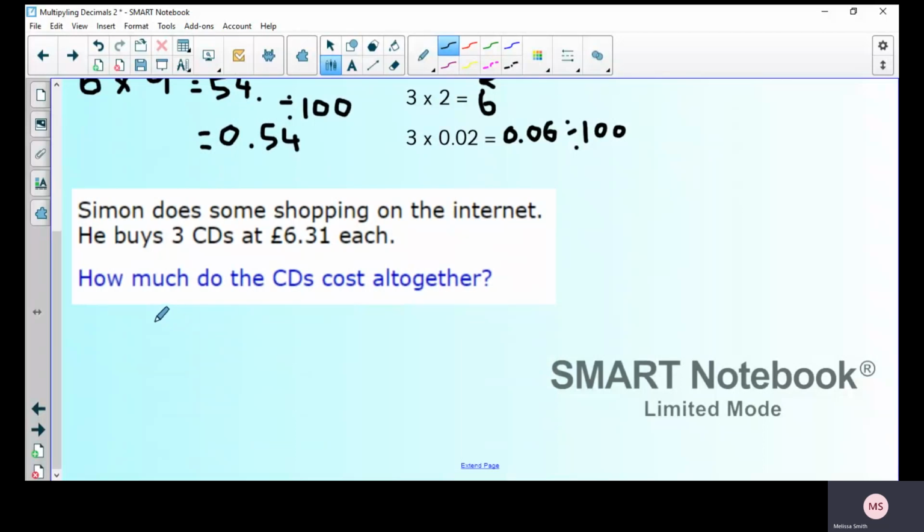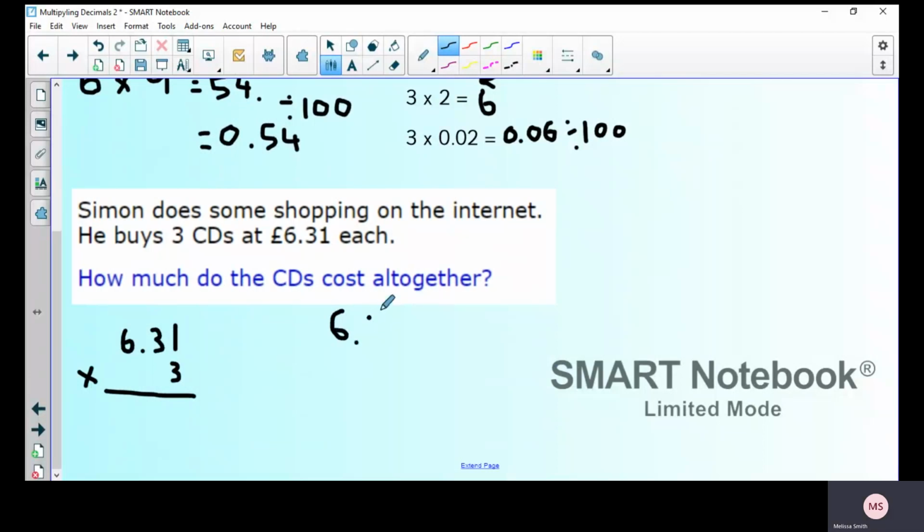You could write it in column multiplication and remember to leave the decimal point. That's something that you could do. I'm going to show it using a method that we used yesterday though, which is partitioning.